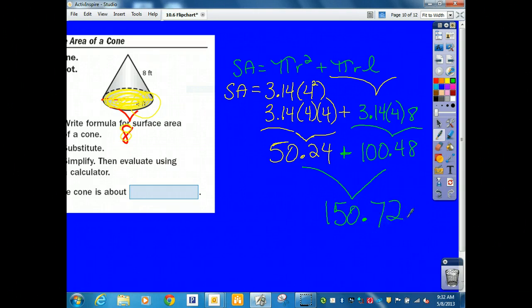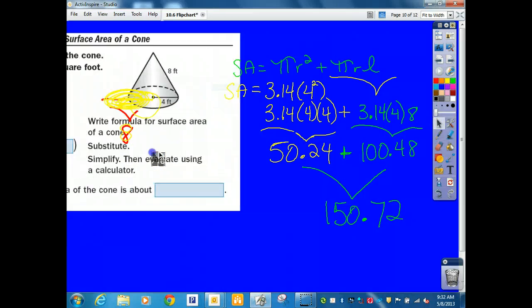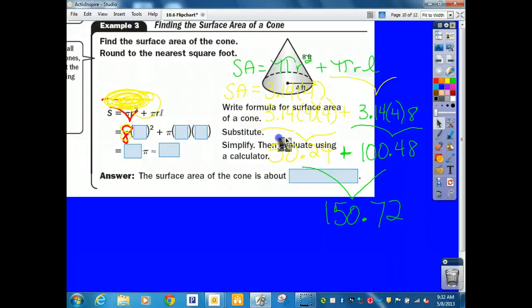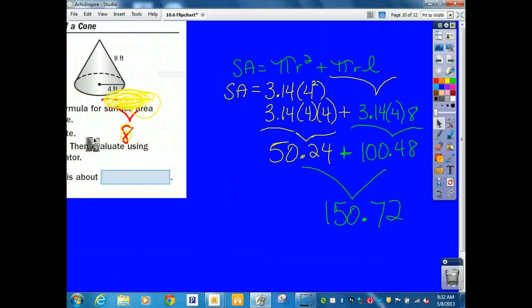150.72. Now, what does it ask for in our directions? Do they want us to round to this one? Yeah. It says find the surface area of the cone. Round to the nearest square foot. So they want us to round it to the nearest what? Whole number. Exactly. So is this going to be 150 or 151?